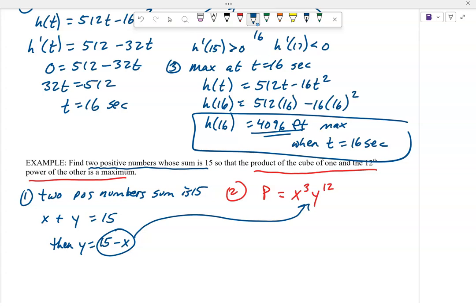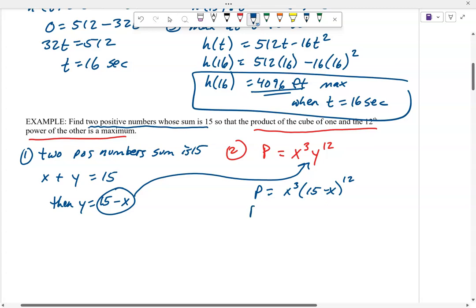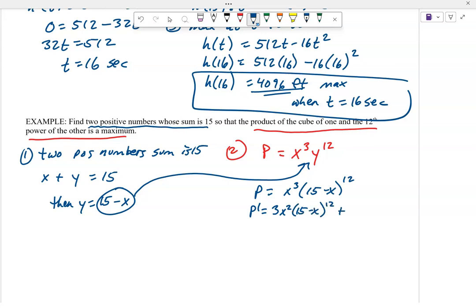And so we've got P equals x cubed times 15 minus x, which goes in for y, to the 12th. And remember, we're trying to maximize this function. So let's take its derivative. Derivative of the first times the second plus the first times the derivative of the second. And the derivative of that 15 minus x is just negative 1.